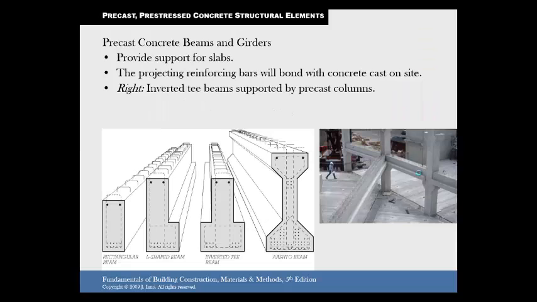Here's an even bigger picture of concrete beams and girders. Typical types, you've got a rectangular beam, an L-shaped beam, an inverted T-beam, and an ash-toe beam. And you can see all the steel that would normally be there, that's what these dashed lines are. And you can see that there's like a stirrup or a piece of steel that comes up and sticks out the top.